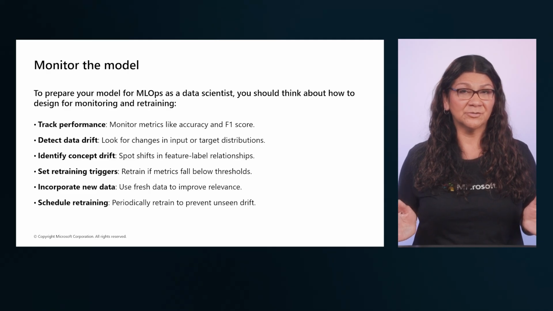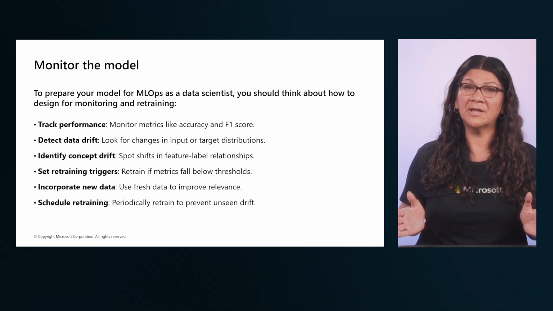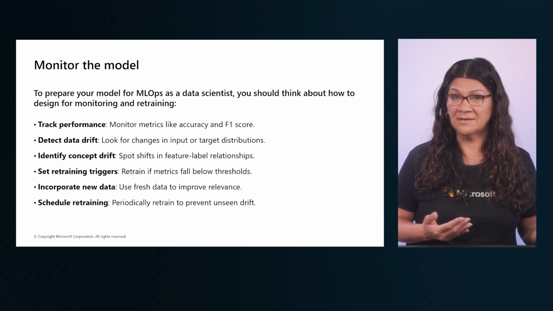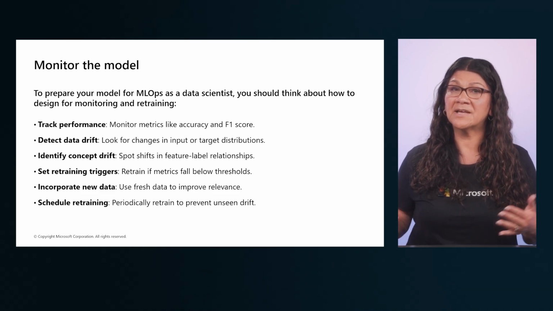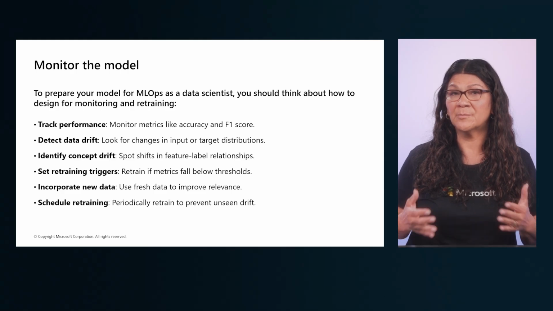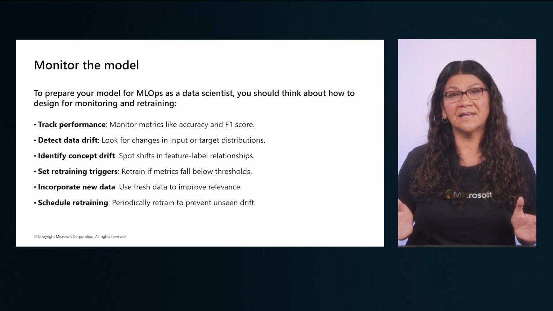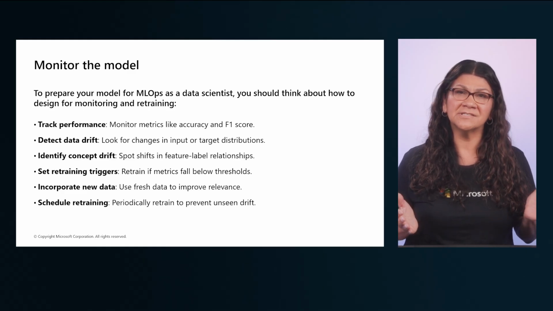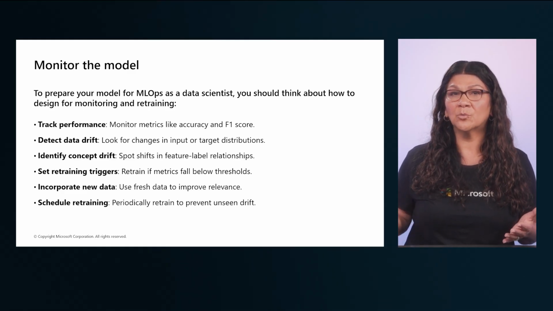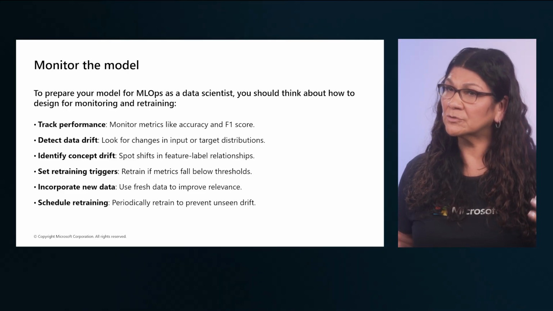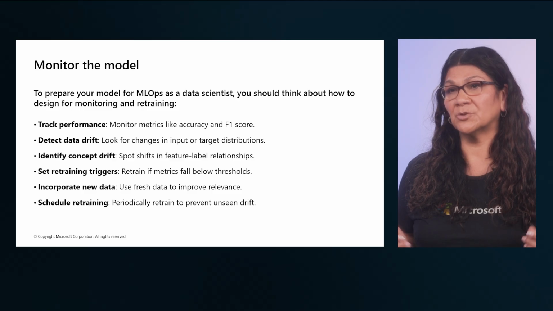Here's why monitoring is essential to every MLOps solution, because a model that performs well today may degrade over time as data patterns and environments change. Effective monitoring means continuously tracking performance metrics such as accuracy, precision, recall, or F1 score, and watching for gradual drops that signal potential problems.